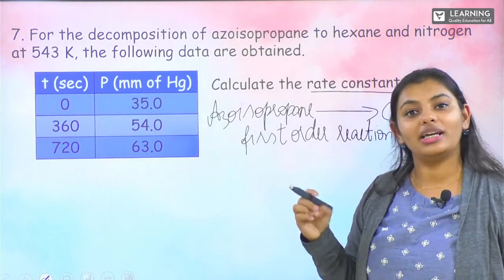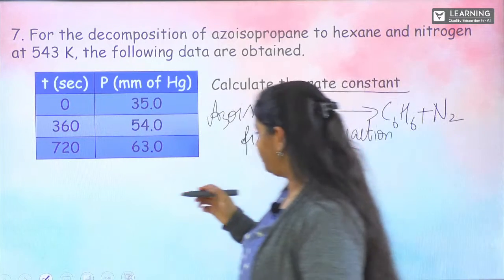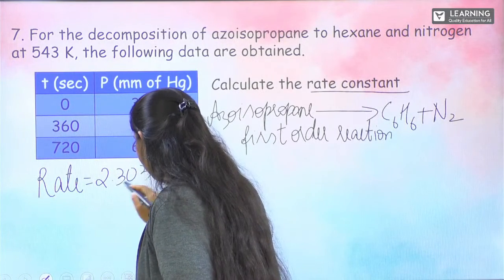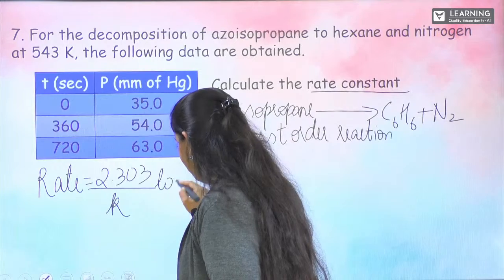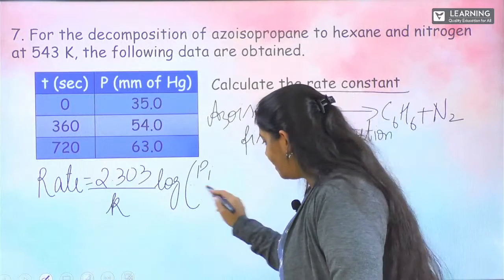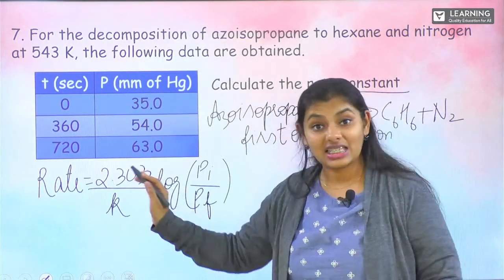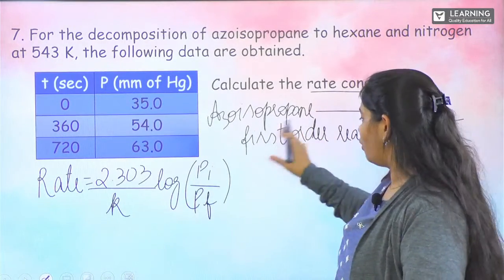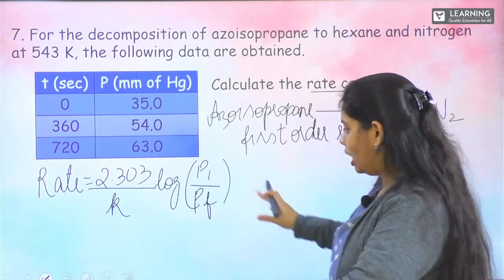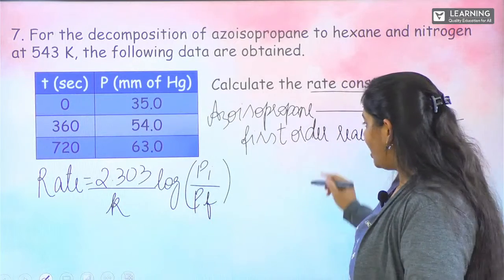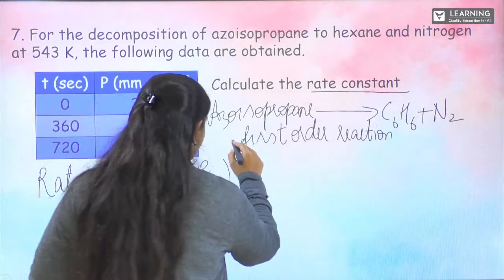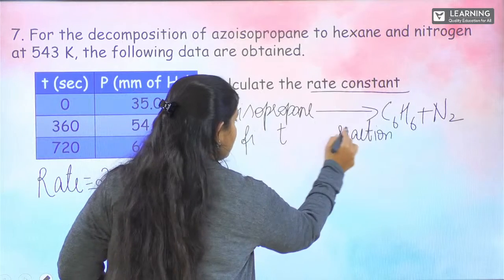So for a first order reaction, what exactly will be the rate of the reaction? P initial, as in the pressure initially, how much was it, by P final. This is exactly the rate expression for a first order reaction. Now we'll start finding out how exactly we'll get P initial, P final and all of these. Azoisopropane, okay, let me just erase this.